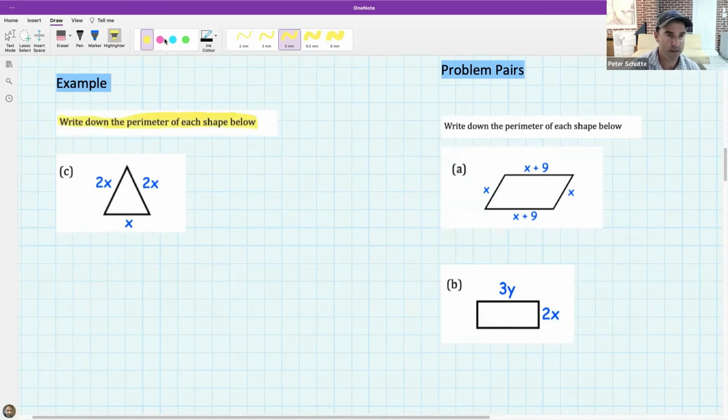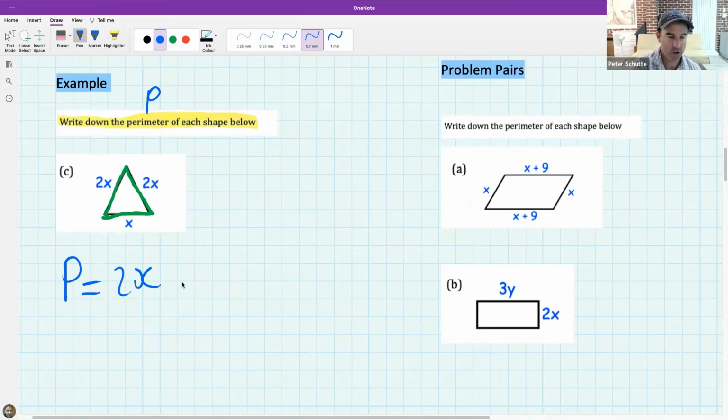Now, perimeter means the distance around the outside. So the perimeter would be if I walked around here, and around here. I'm going to use the letter P for perimeter as a placeholder. How very algebraic of me. So the perimeter to me looks like it would be 2x plus 2x plus x.